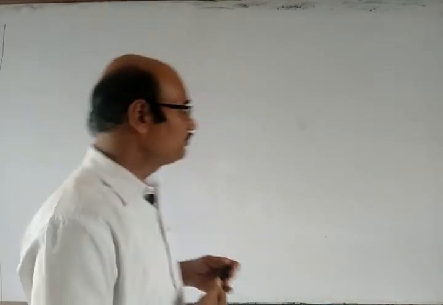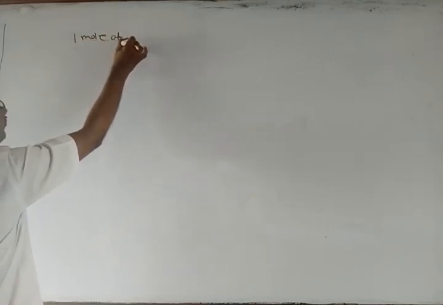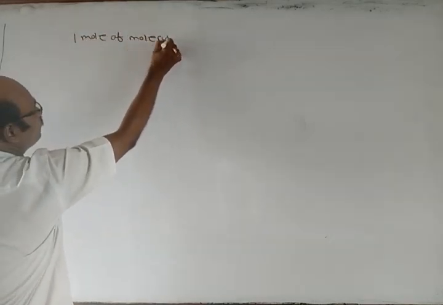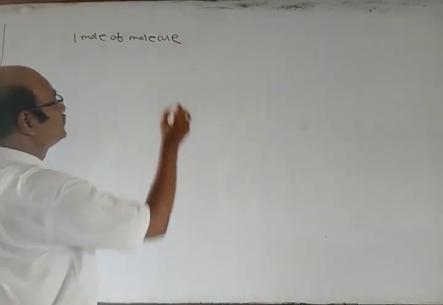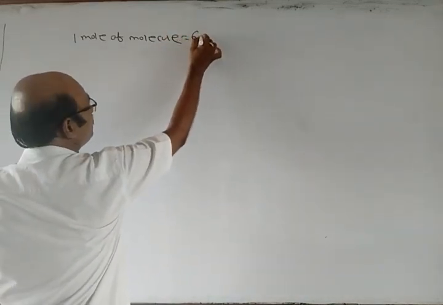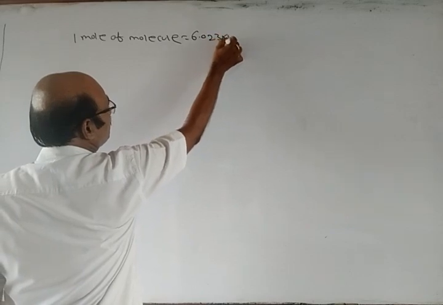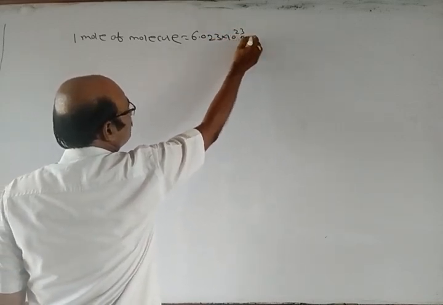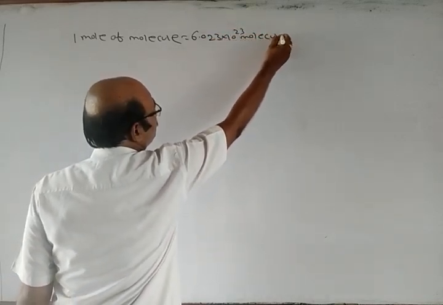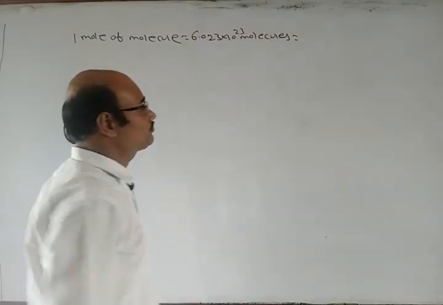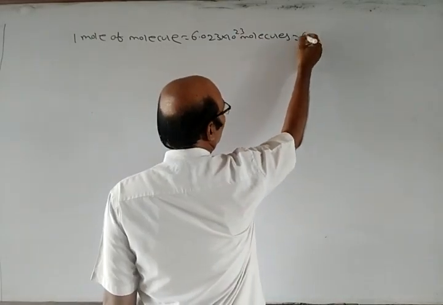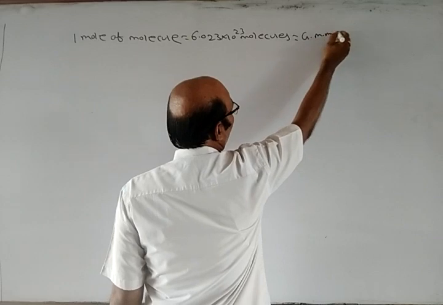Okay, so from the last class we discussed: one mole of molecule is equal to what? 6.023 into 10 power 23 molecules, which is equal to what? The gram molecular mass.